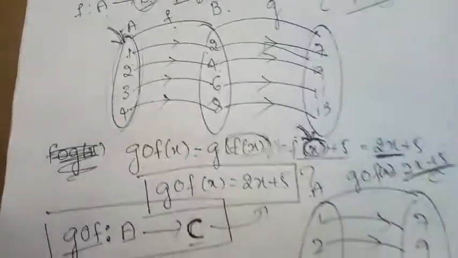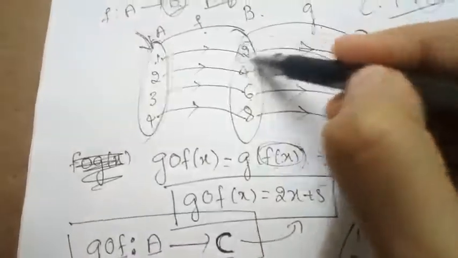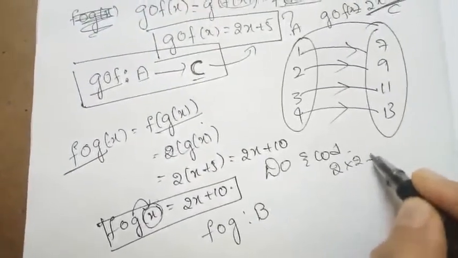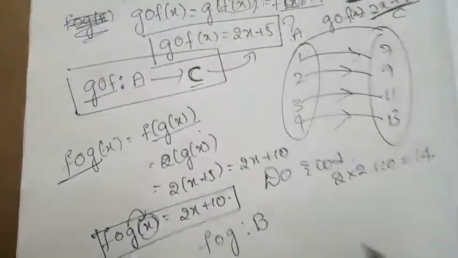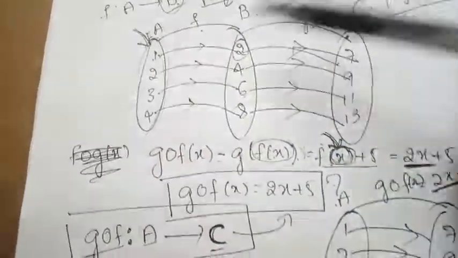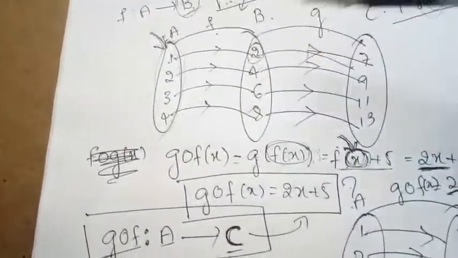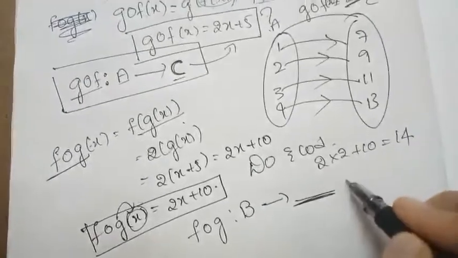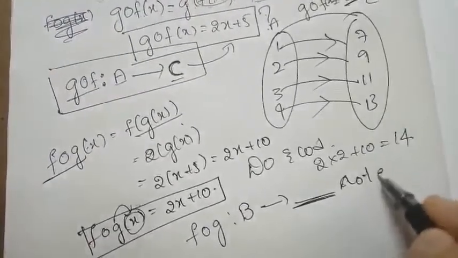So these will be the inputs. Suppose I take 2 as the input, what happens? 2 into 2 plus 10, which will be equal to 14. Is 14 lying in any of the sets? No, 14 is neither in A nor B nor C. So the codomain does not exist.